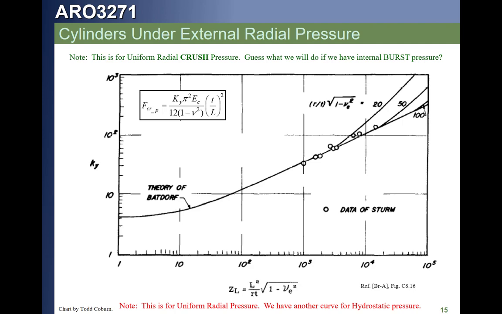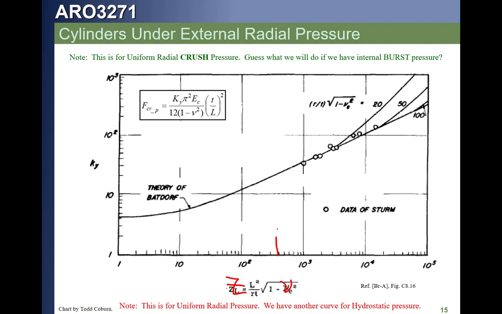Now, if we have a burst pressure, we will do the same thing. So for a crush pressure, if we have only crush pressure on a cylinder, we will go calculate our Z. This is just Poisson's ratio.